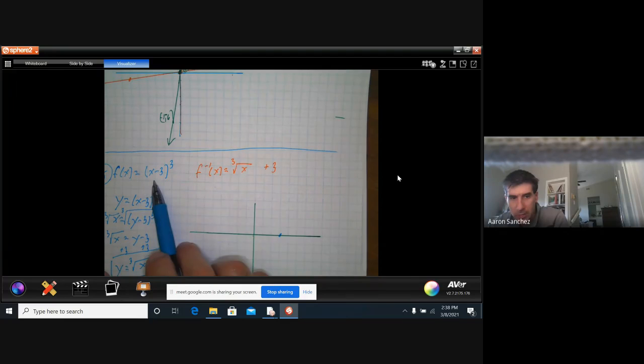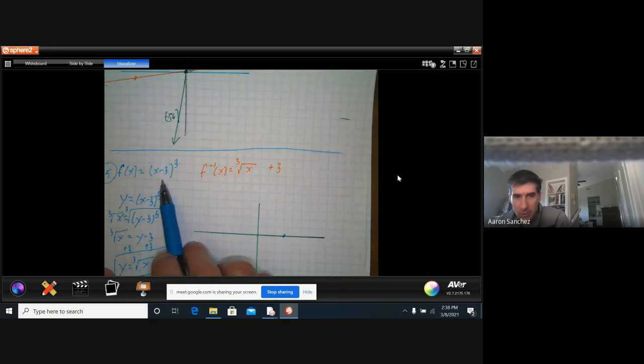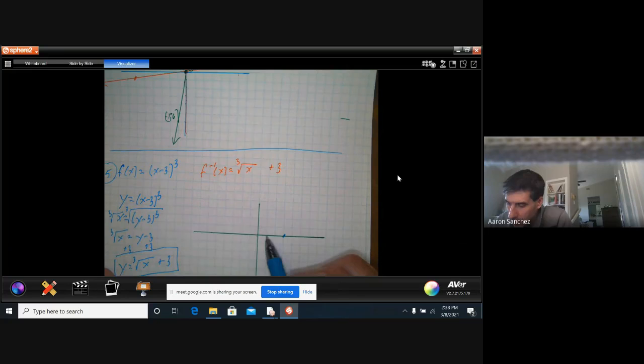Okay, so we're graphing this one: f of x equals (x minus 3) cubed. So I'm going to put the plus 3, 1, 2, 3 here. That's my h, right? So, minus 3, I go over 3. And then we cube everything. So go over 1. What's 1 cubed? It's 1. Go over 2. What's 2 cubed? It's 8.